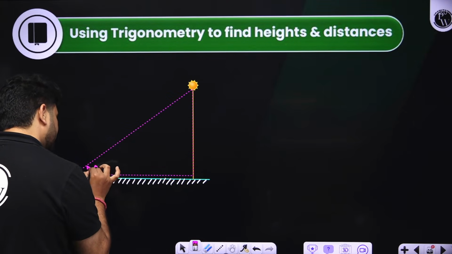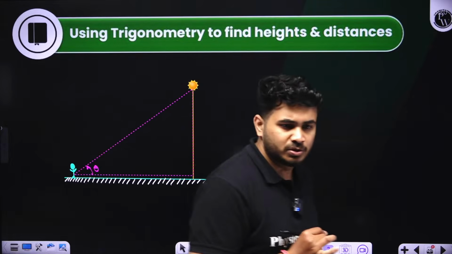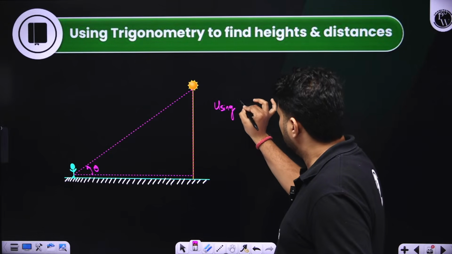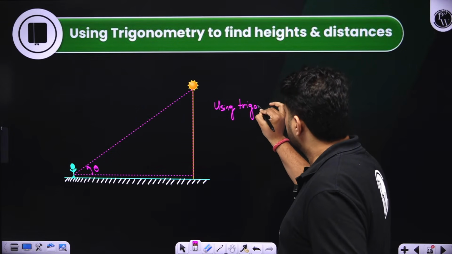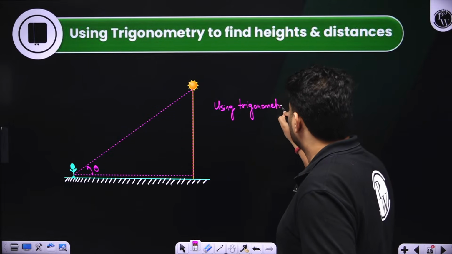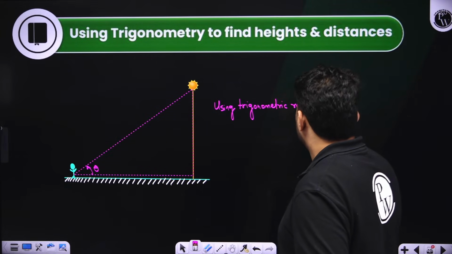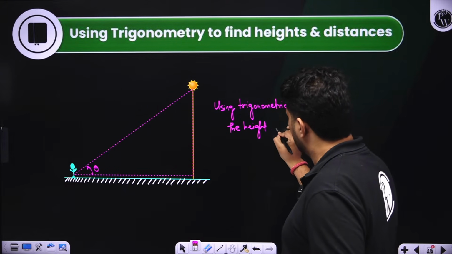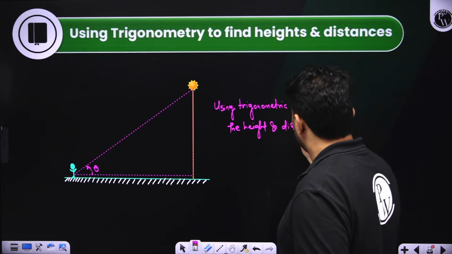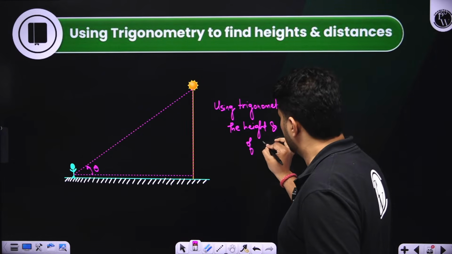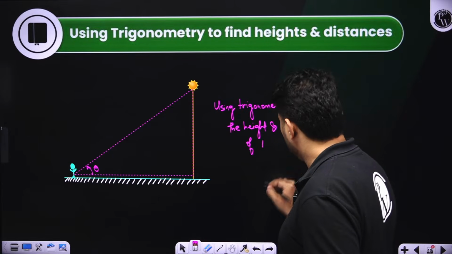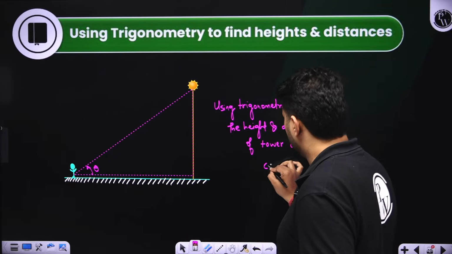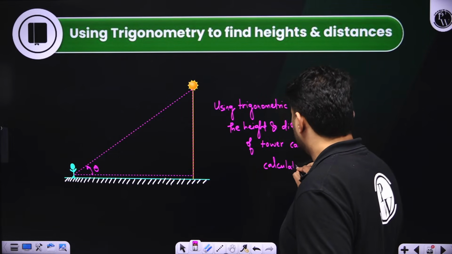So if there is an angle theta, using trigonometric ratios, the height and distance of the tower can be calculated. We can calculate it easily.